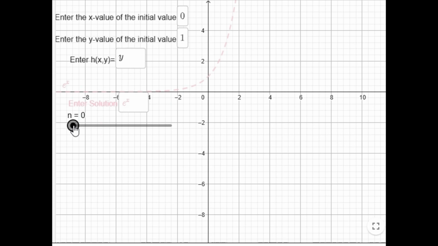Visually, we can see Picard's iterates getting closer and closer to that as we do more and more iterations. The new iterate is closer and closer to e to the x. This is the same way that you would see Taylor polynomials for e to the x converge to e to the x, or the series for e to the x.